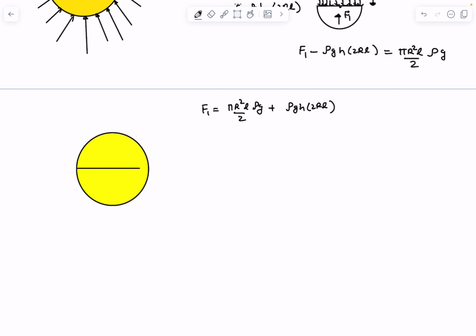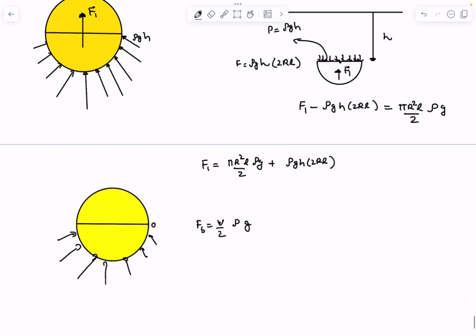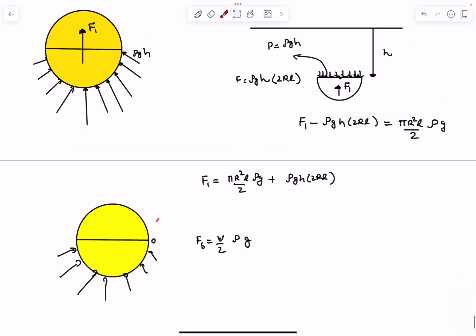One more way to think about it is that in the original problem, I make the gauge pressure here 0, and then the pressure increases with depth. In this case, the buoyant force comes out to be the submerged volume times density of the fluid times g. But the difference between this case and this case is that to each pressure term, a rho g h is added.